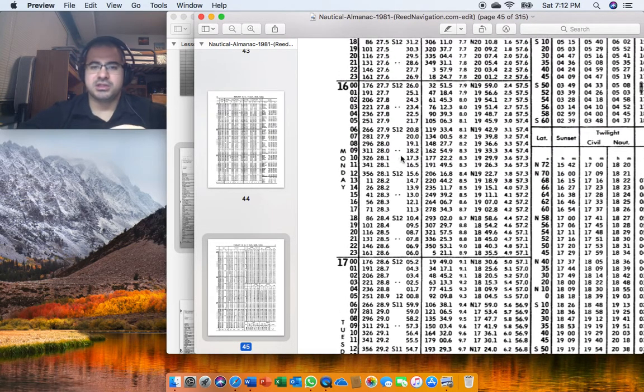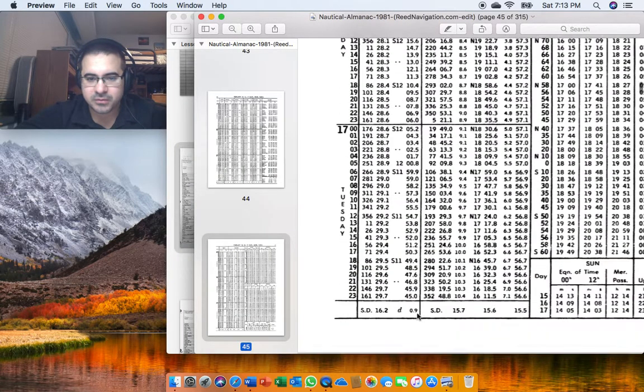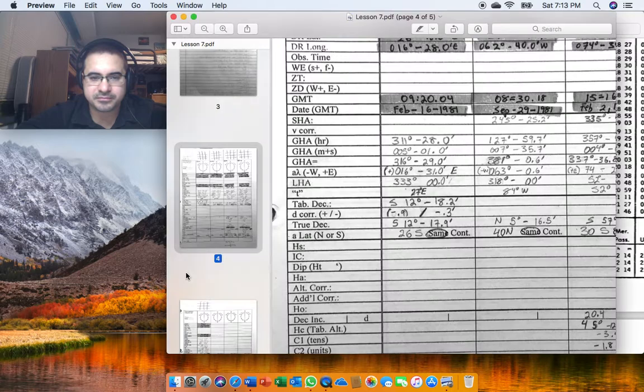So 20.8, 18.2, it's decreasing, right? So you're gonna take your D correction and you're gonna put it here. We found this right here, and you see right here it says positive or negative. It was 0.9, the D correction, and it's negative, right? So negative 0.9.